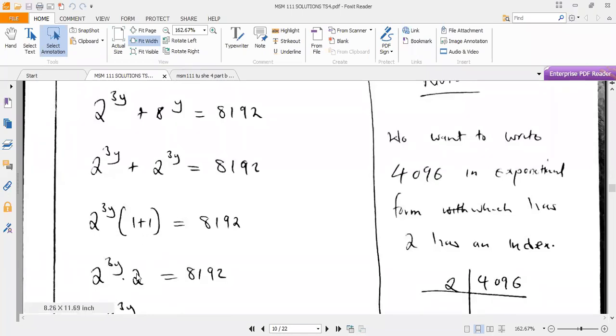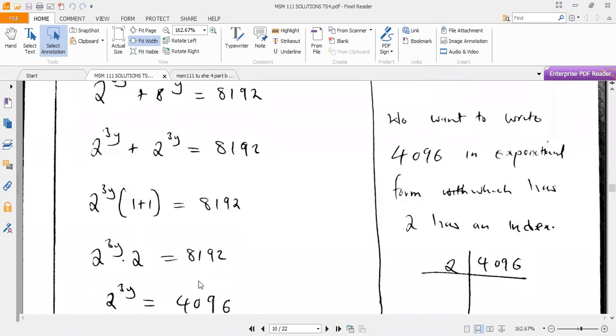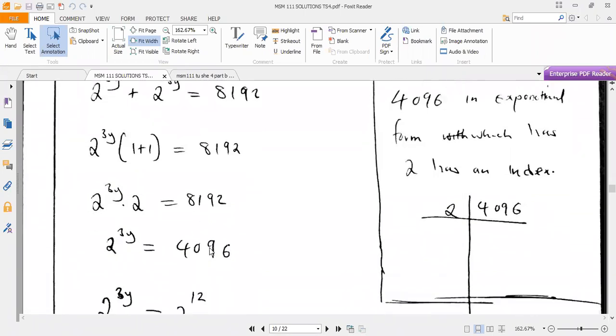Now, the 2 which is here, you can divide to your right-hand side, and you get something simple, right? You have 4096, isn't it? Imagine we were to put a 2 here, what exponent should we raise the 2 to so that we get 4096?